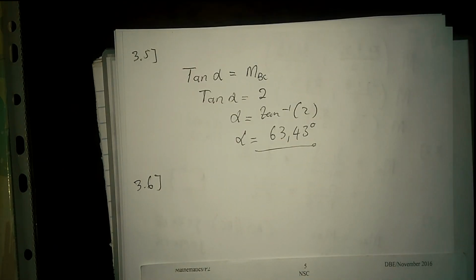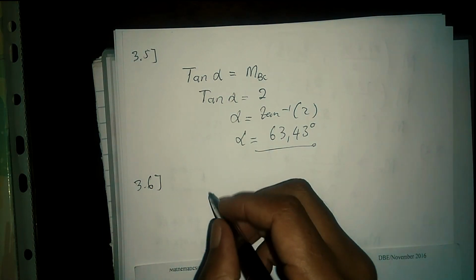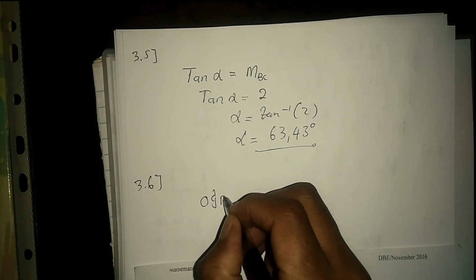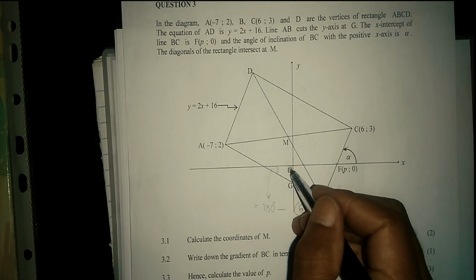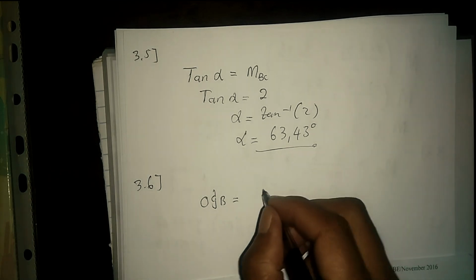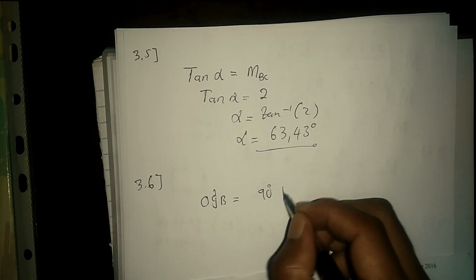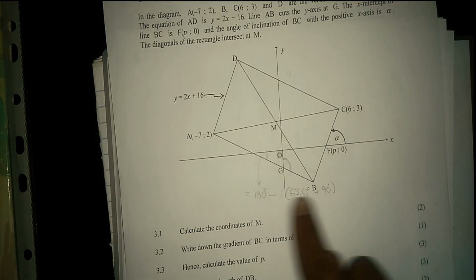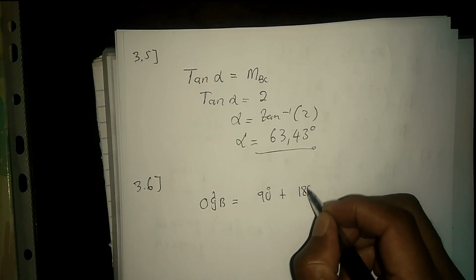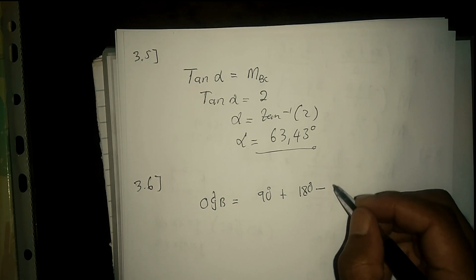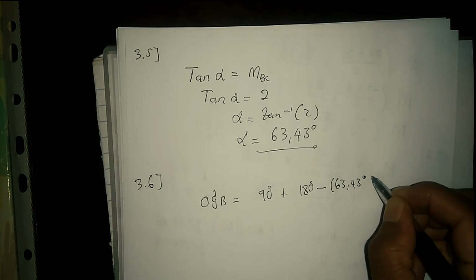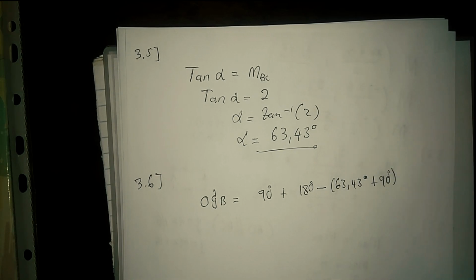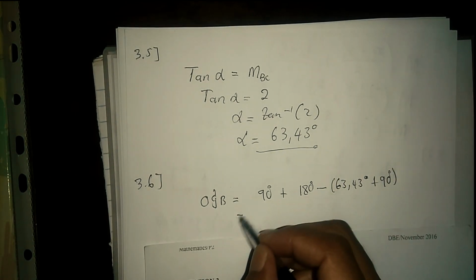So look now, angle OGB is equal to 90 degrees plus this angle, which is 180 degrees minus (63.43 degrees plus 90 degrees).